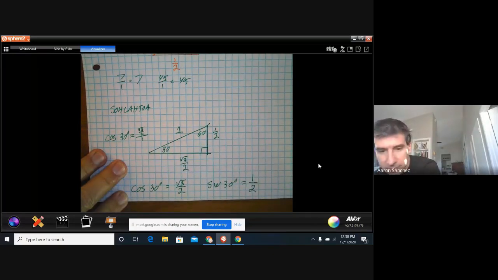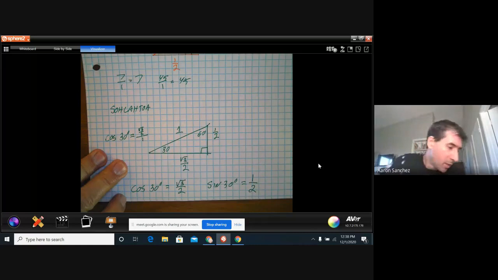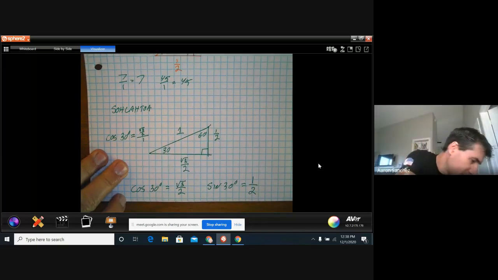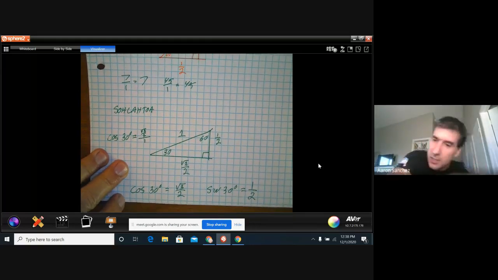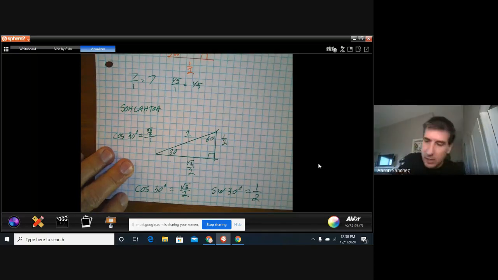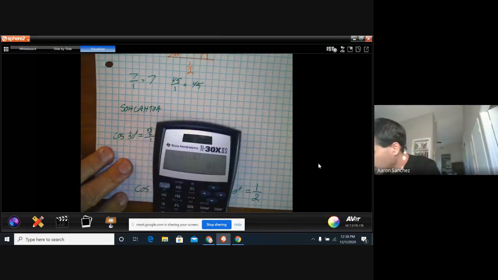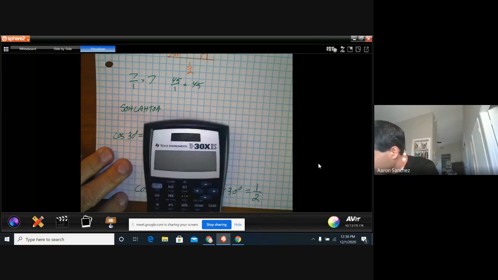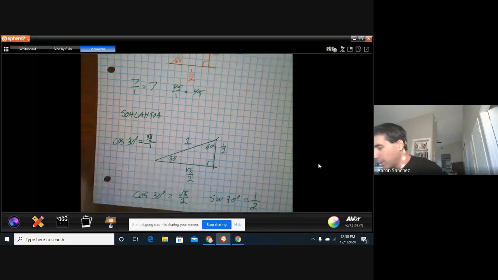And by the way, if you took your calculator and did sine of 30, look here, see my calculator? Oops, I'm sorry, not sine of 60. Sine of 30 is what we did, right? Sine of 30 is 0.5.